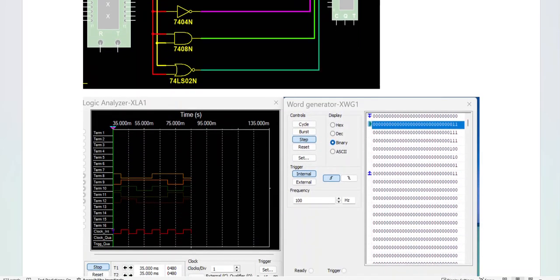You can see the word generator generating, in this case, a stream of bits that looks like a binary 3374, so a random pattern. These are the outputs here. You can hardly see them, but there's 1, 2.